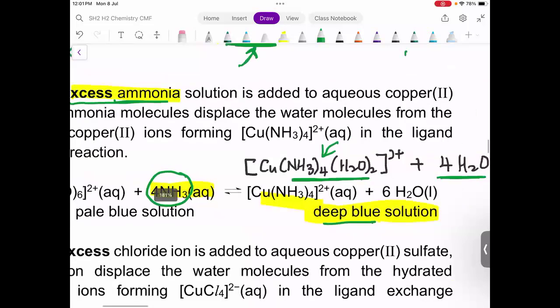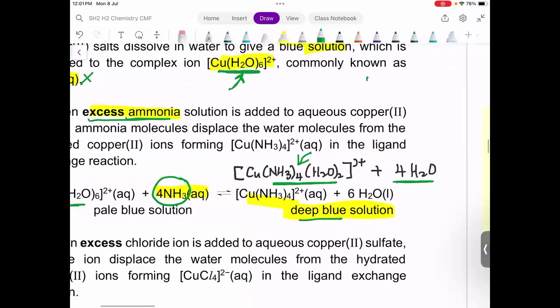All of them, ammonia and water, are monodentate. If your water is the ligand, it's 6.